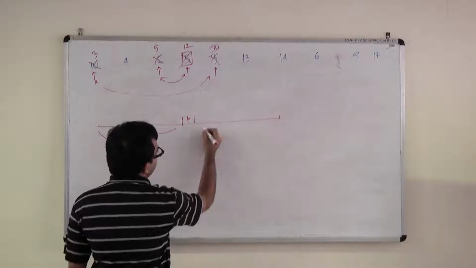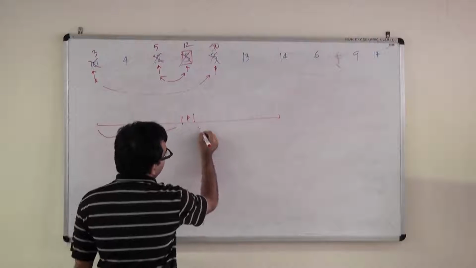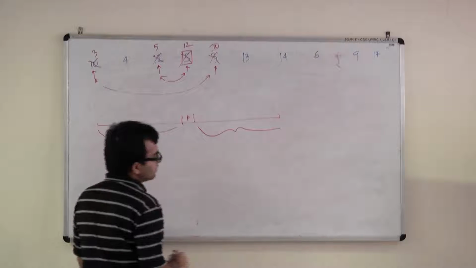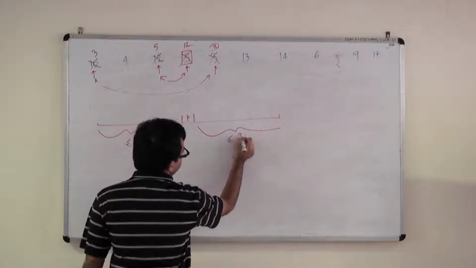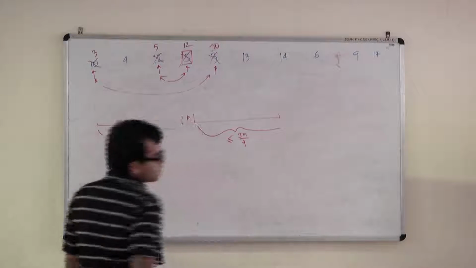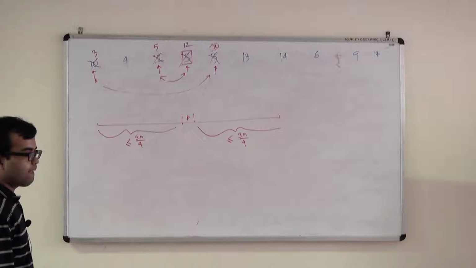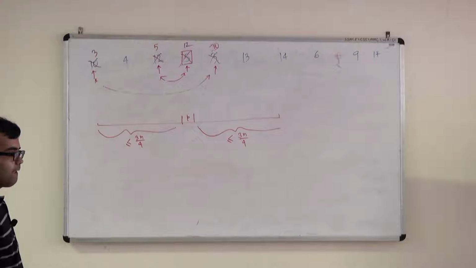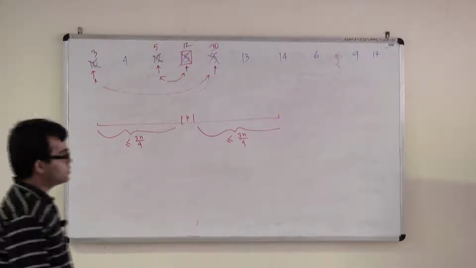And how many elements lie here? Again at most 3n by 4, right? Correct? No, at most, no?